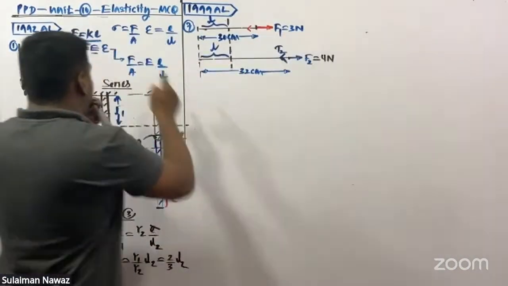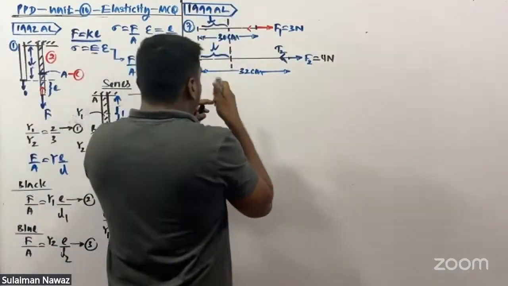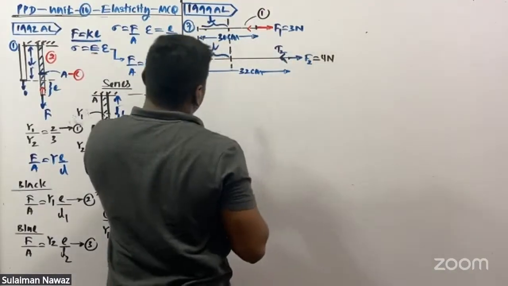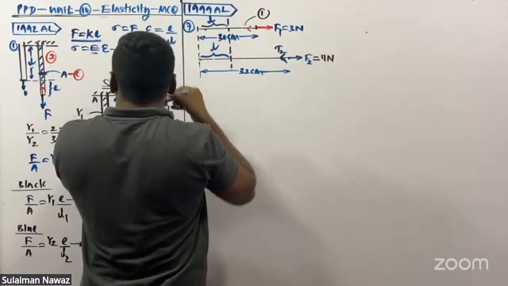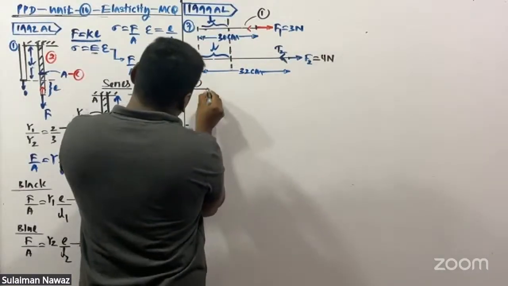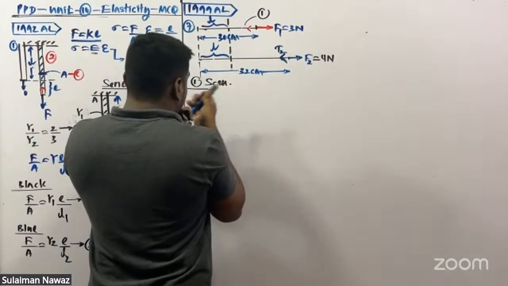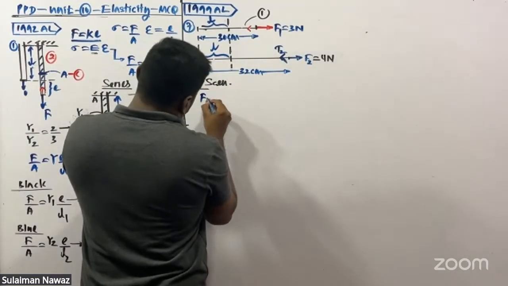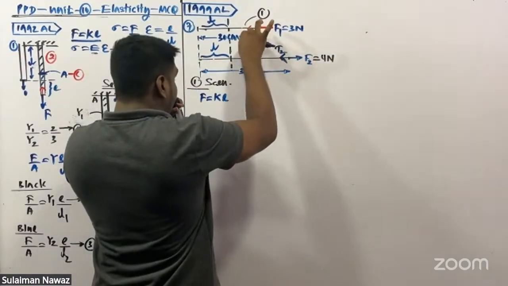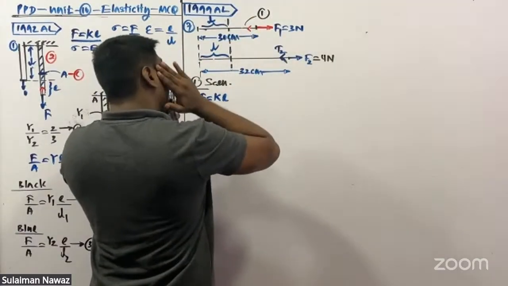Shall we apply F equals K x for the first scenario? Scenario one: the external force applied on the string is the tension force, that is 3 Newton.